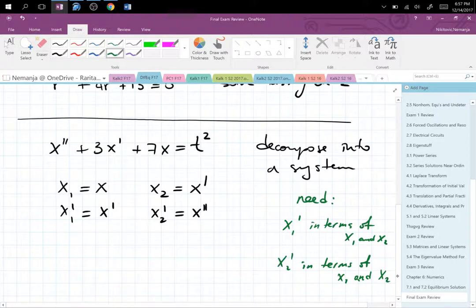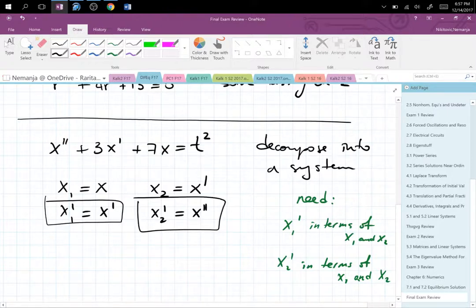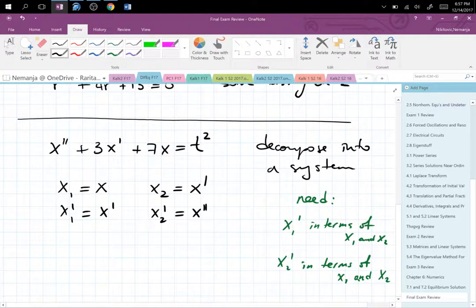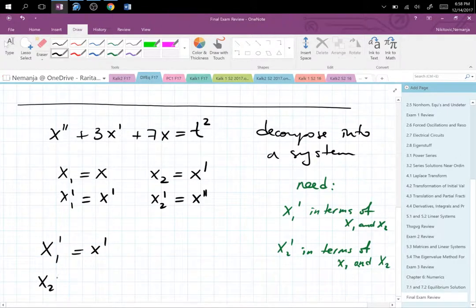You need to navigate this mess now. So first of all, I have this equation, which is x1 prime equal to everything else, and this equation, which is x2 prime equal to everything else. So clearly I'm going to use those two. If I start by placing x1 prime equals x prime and x2 prime equals x double prime, I can't leave it that way because it's not in terms of x1 and x2.